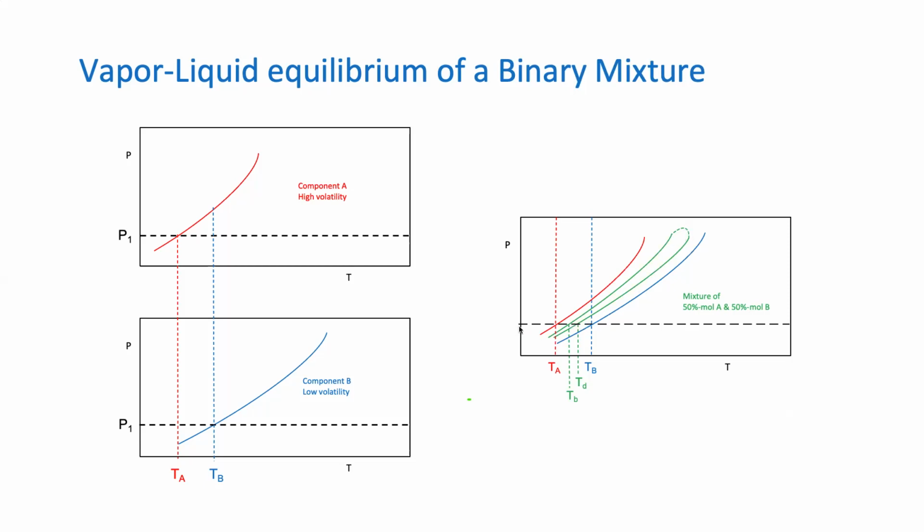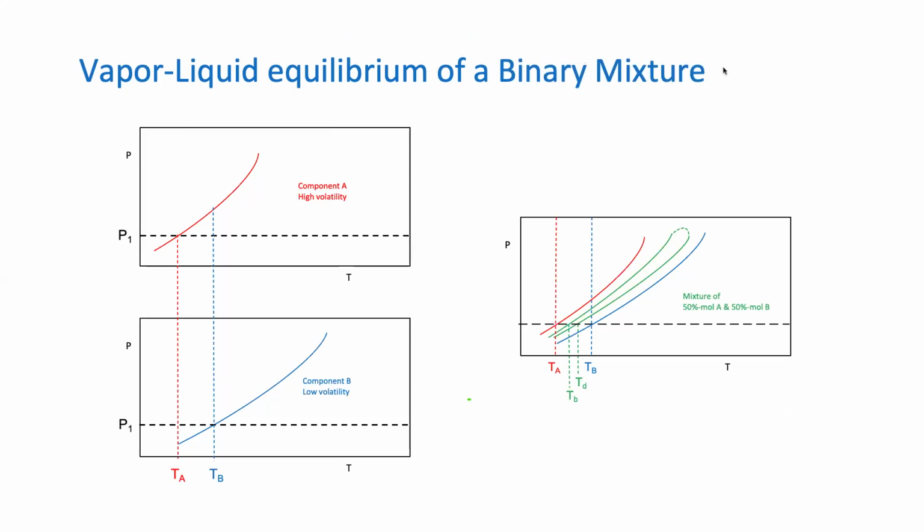From here, both of them are going to be liquid, and in the very small area between the two green lines, there is an area we call two phase. There is a vapor and also a liquid. And after the green one here, all of them are going to be liquid.